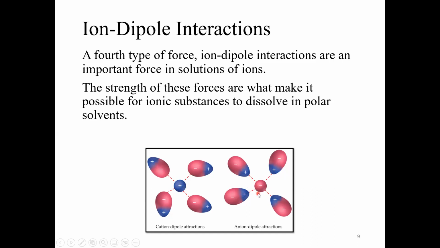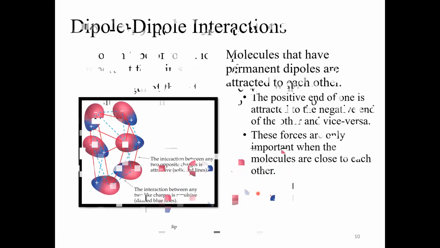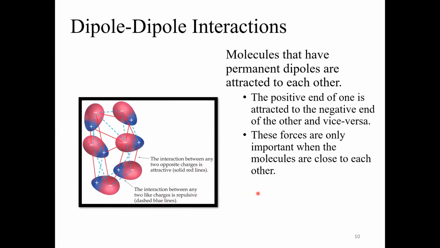So when we're looking at an ionic substance, you can think of the intermolecular force and the intramolecular force as exactly the same thing, because that type of interaction is occurring with multiple ions.